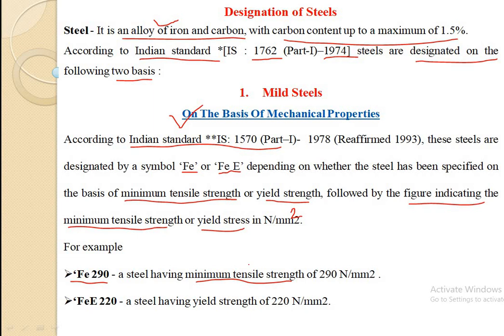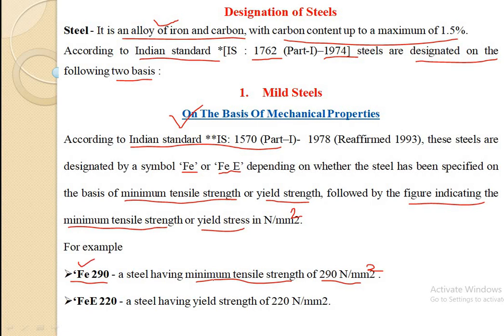If the steel is designated on the basis of minimum tensile strength, then we write Fe as a symbol, and this number indicates that this steel has a minimum tensile strength of 290 Newton per mm square. Keep in mind, 290 Newton per mm square, not Newton per meter square. It is 290 Newton per mm square.